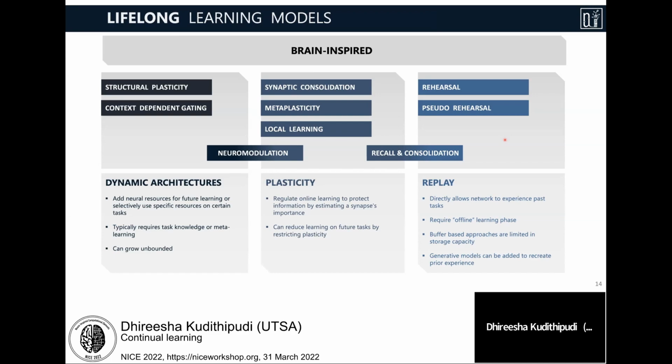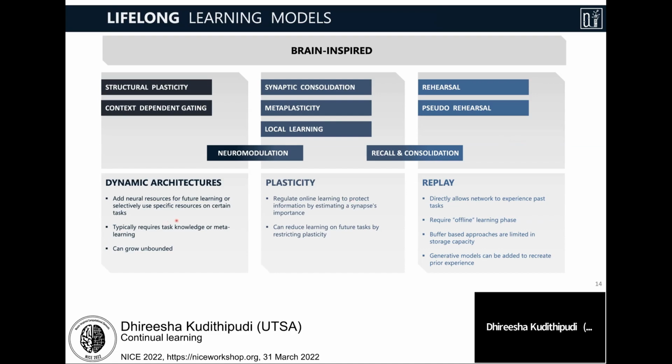We can group them into three high-level categories. One is dynamic architectures, where you could think of structural plasticity mechanisms such as neurogenesis, synaptogenesis, or pruning, and so forth, or context-dependent gating. So the idea is that you add additional neural resources to the model for future learning, or you can selectively use specific resources on certain tasks.